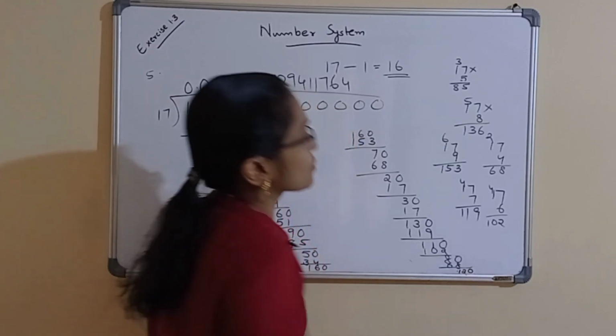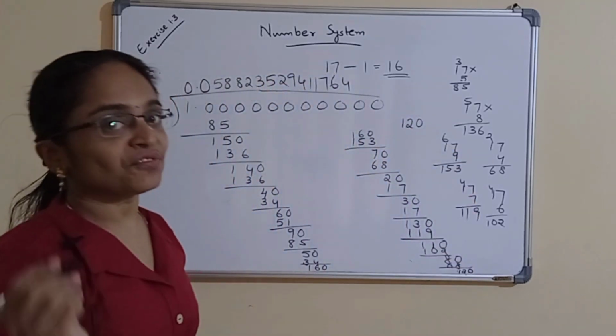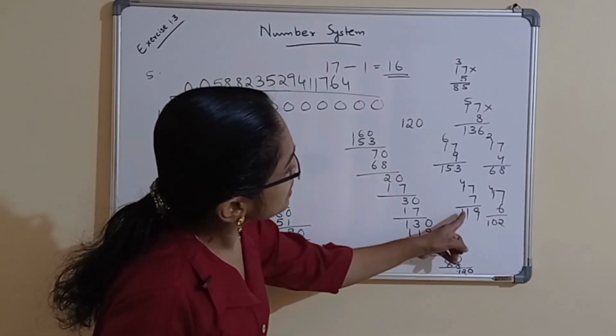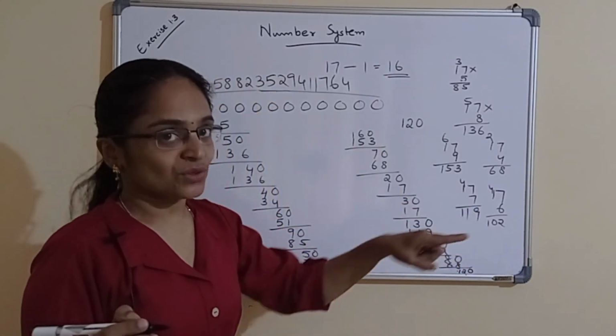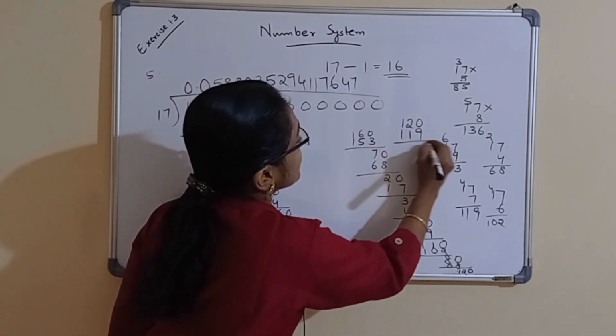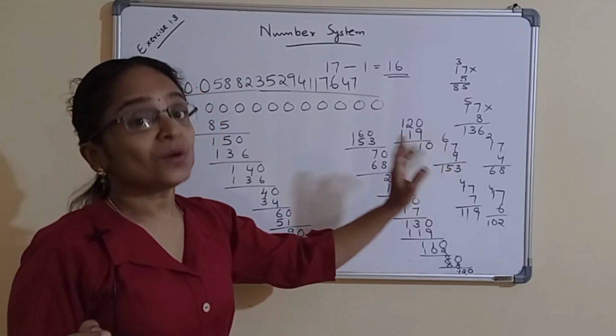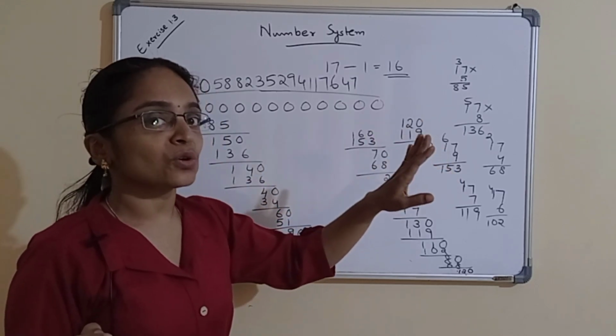Now bring 0 down and in 120, 17 will go how many times? 7 times, because 17 into 7 is 119. So 119, then 1 remainder, and bring 0 down and in 10 how many times will it go?